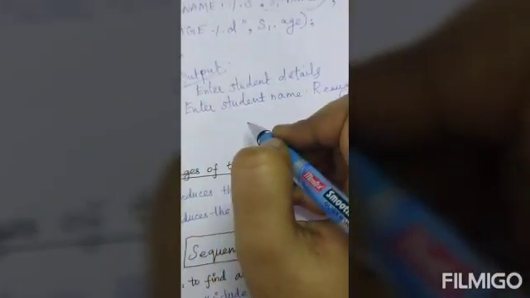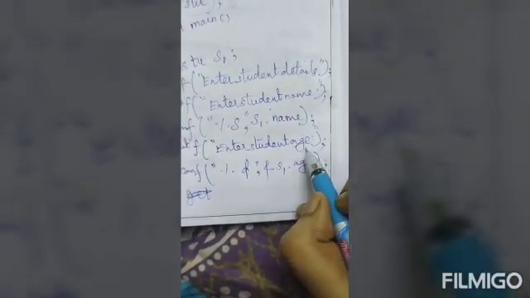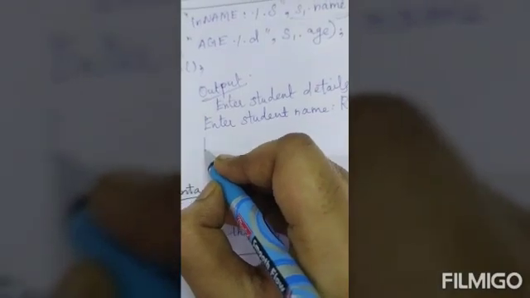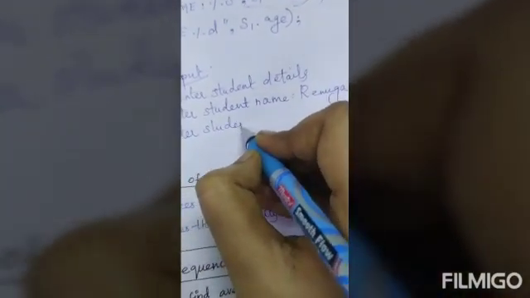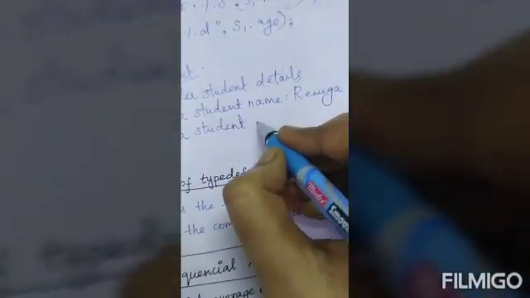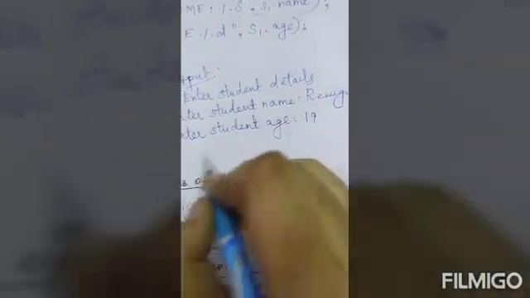The third printf statement is "Enter student age". If my age is 19, I have given 19.